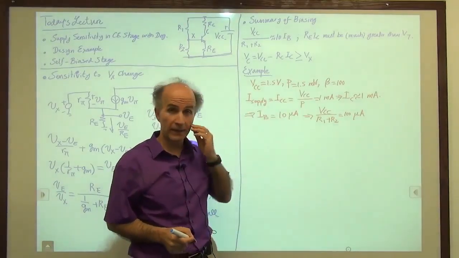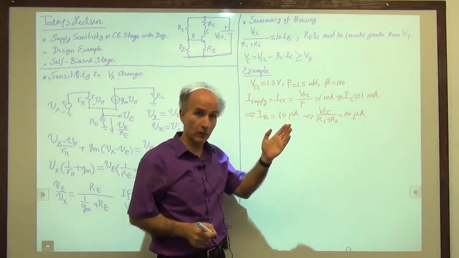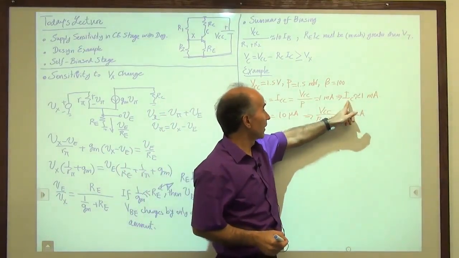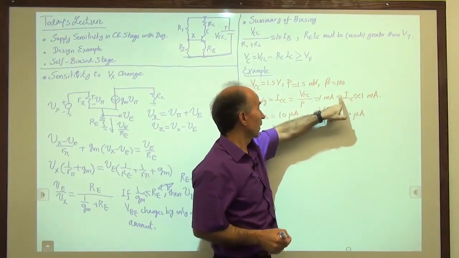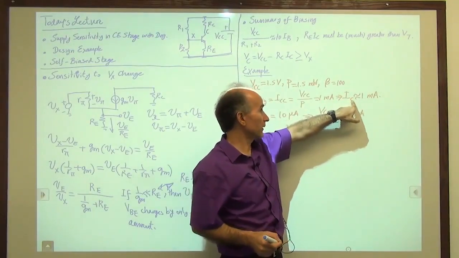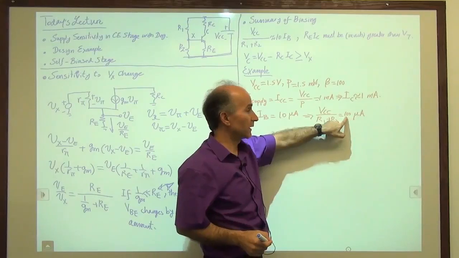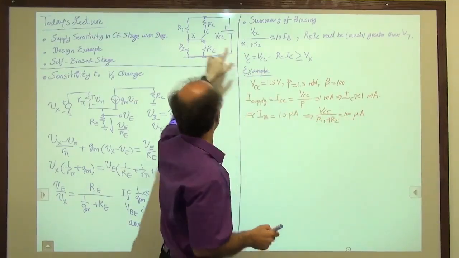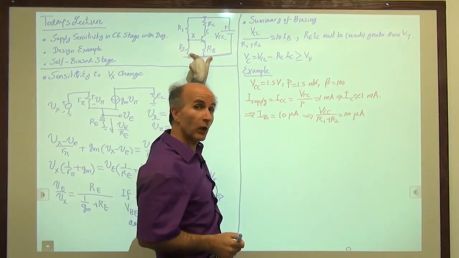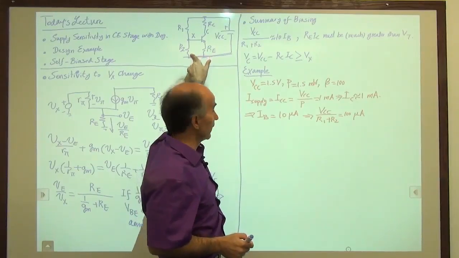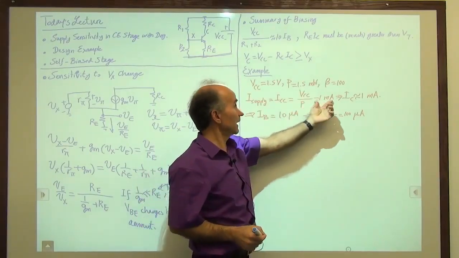Now, right here, we can see if our first assumption was good. We said all of the collector current, all of this 1 milliamp can go to the collector. Well, we're consuming 10% more power through this than what was given to us. Right? We had a total budget of 1 milliamp.